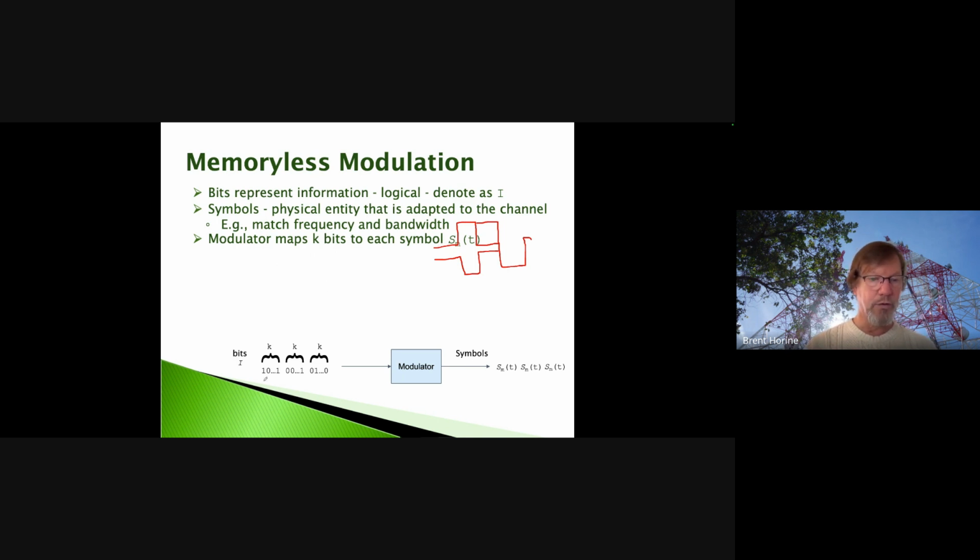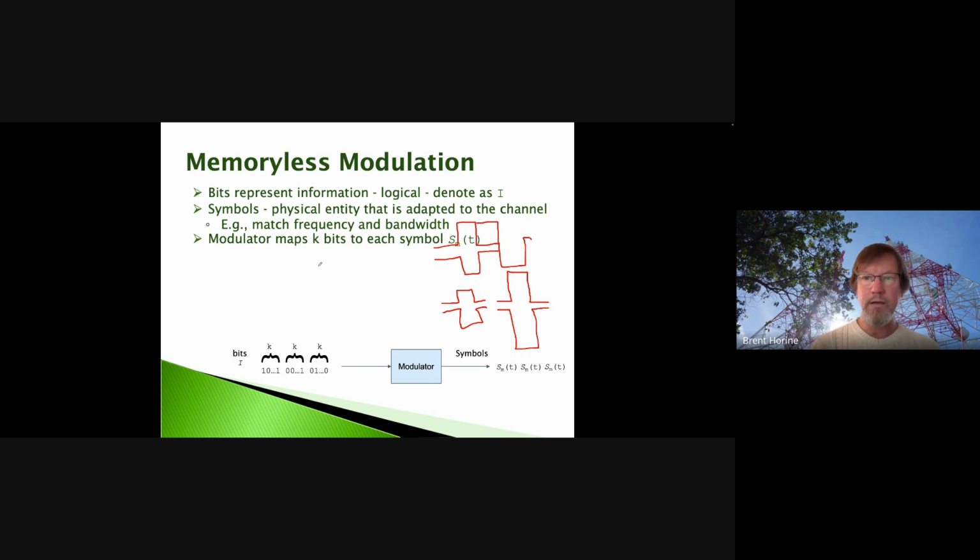We can take a group of K bits coming in, and we can adapt that to some number of symbols, right? So now maybe one symbol is like that, and another one is like that, twice the amplitude, and we might have a -1, and then also one with twice the amplitude, right?